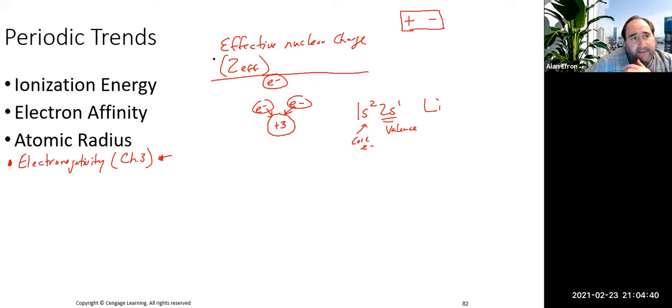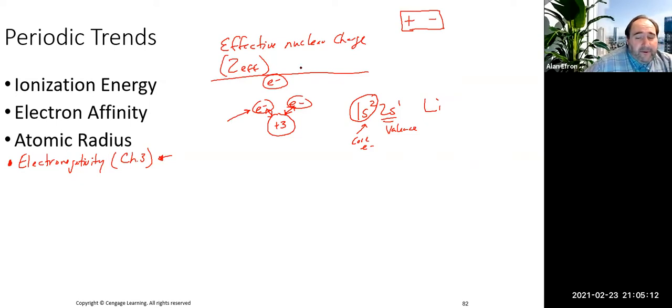If you have something like +3 and -3, it's going to be a much higher attraction than something that is, say, +1 and -1. So with those electrons feeling the full brunt of the positive charge, there's going to be a very strong attraction. That's why those 2 are really our core electrons here. That's why they're pretty much not going to go anywhere, because they're held in very, very tightly.